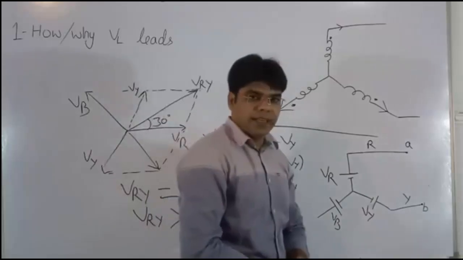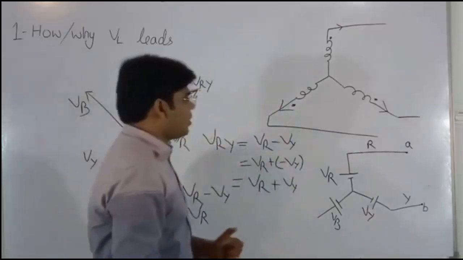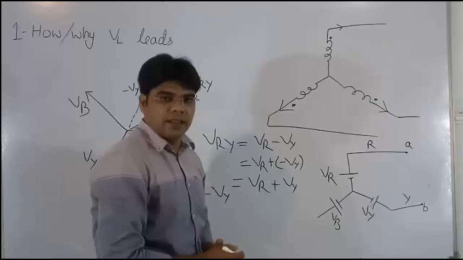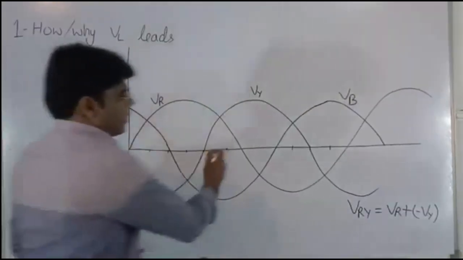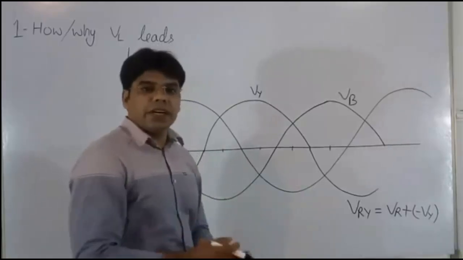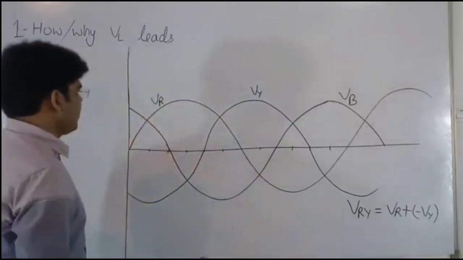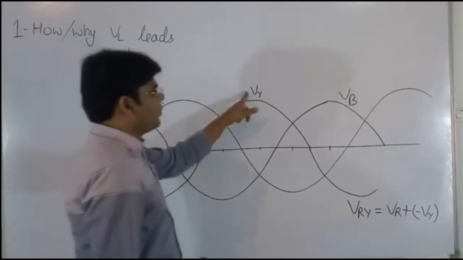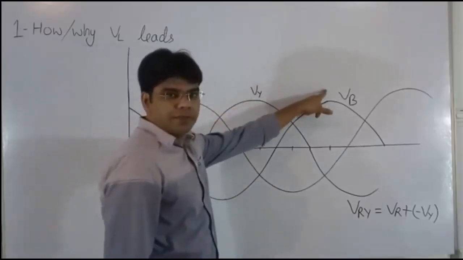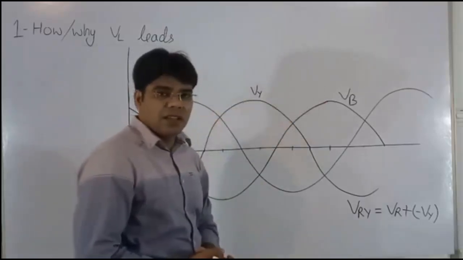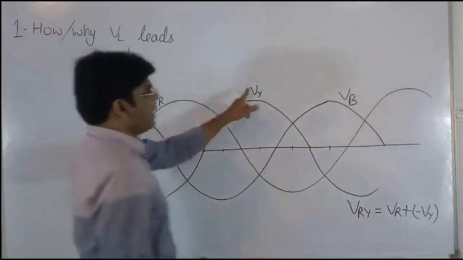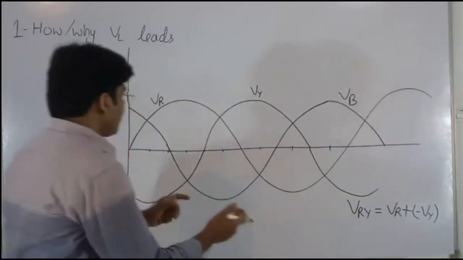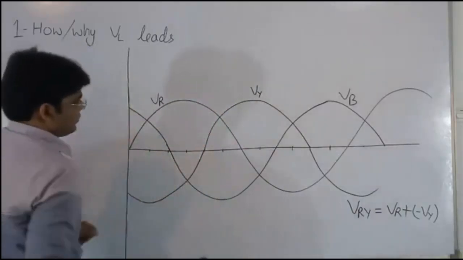So let us see the actual diagram of voltages, that is waveforms of voltage. So this is the actual diagram of three voltages, that is VR, VY and VB. Previous figure was phasor diagram, that is representation of VR, VY and VB. But actual diagram is this one.